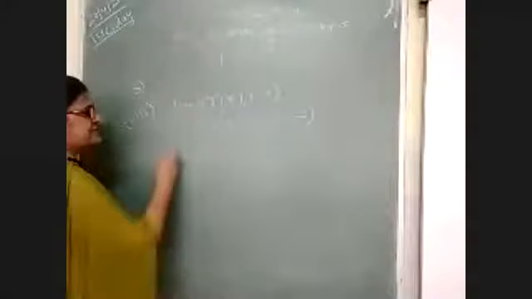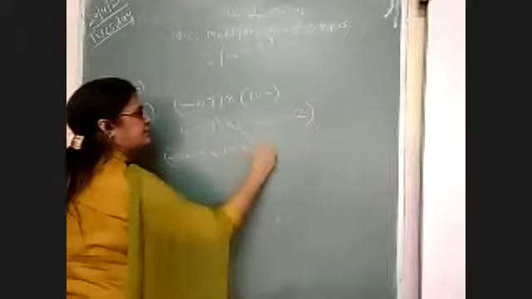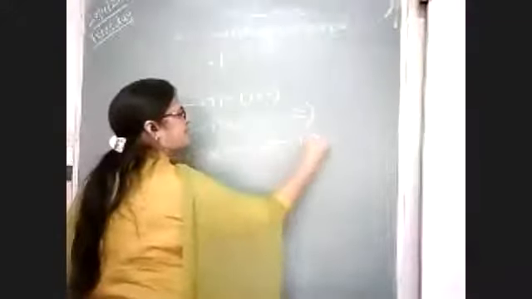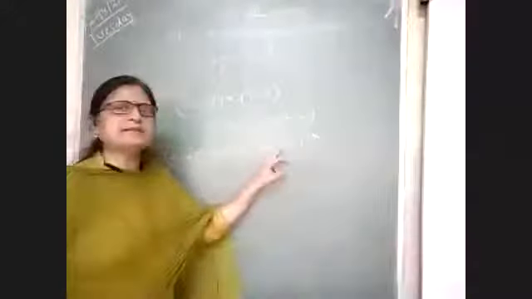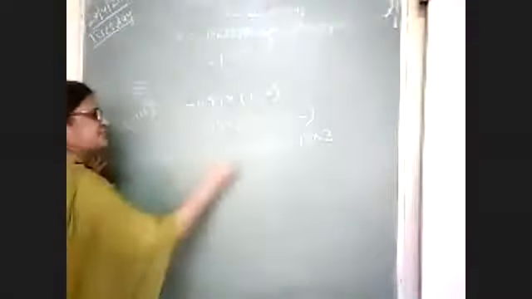So minus 47 multiplied by 100. Then we will put the sign here, positive, plus sign is given, and minus 47. When two signs are given, then we will put the bracket here. Okay. Then minus 47 multiplied by 100. The result is minus 4700.